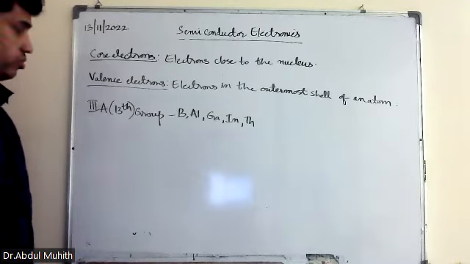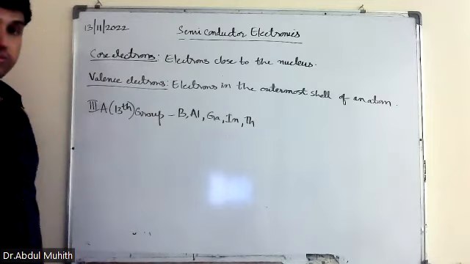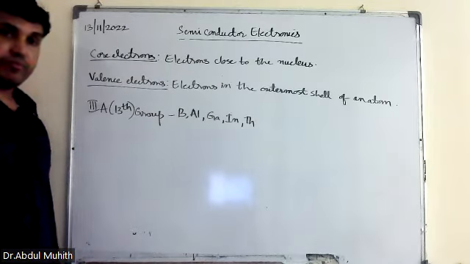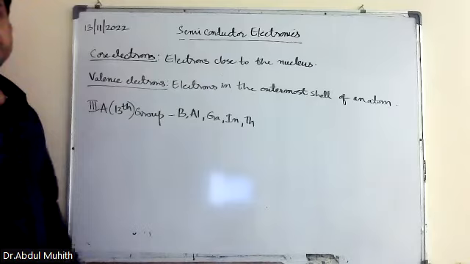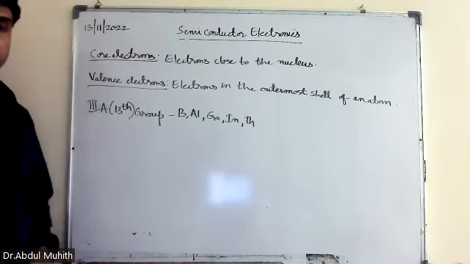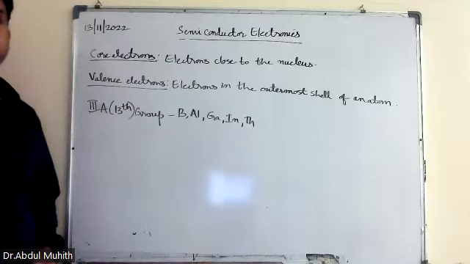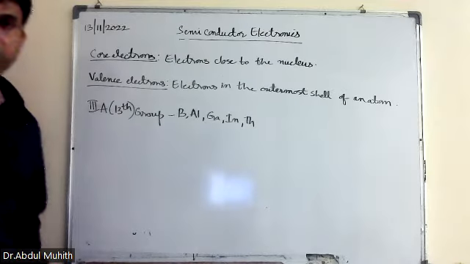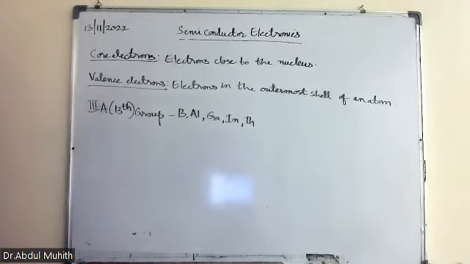So how many electrons are there in the outermost shell in third A group elements? This is basic chemistry. How many electrons are there in the outermost shell of boron or third group elements?